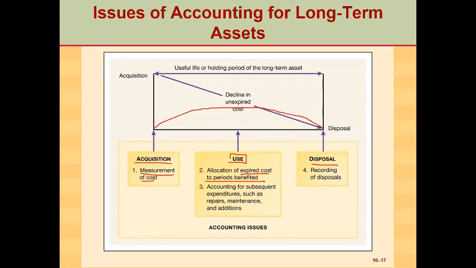Another thing to be done is called subsequent expenditures, the expenses incurred during the life of the assets after we started to use them, like repairs, maintenance, additions, and at the end the disposal. How to record the disposal, how you are going to get rid of the assets.